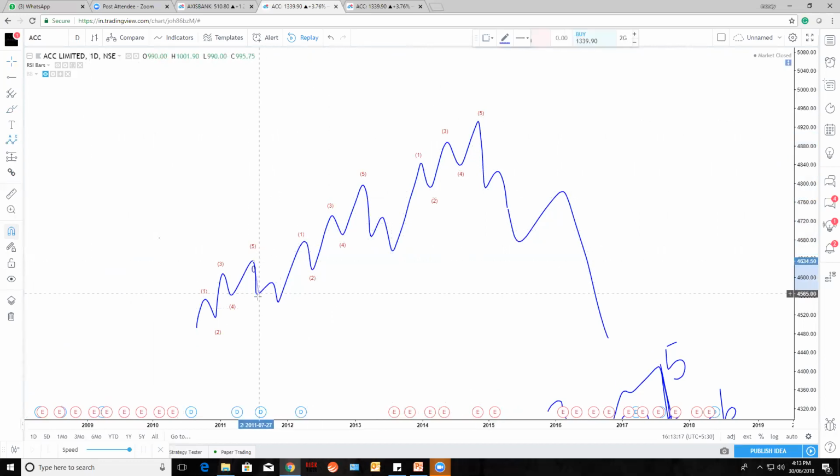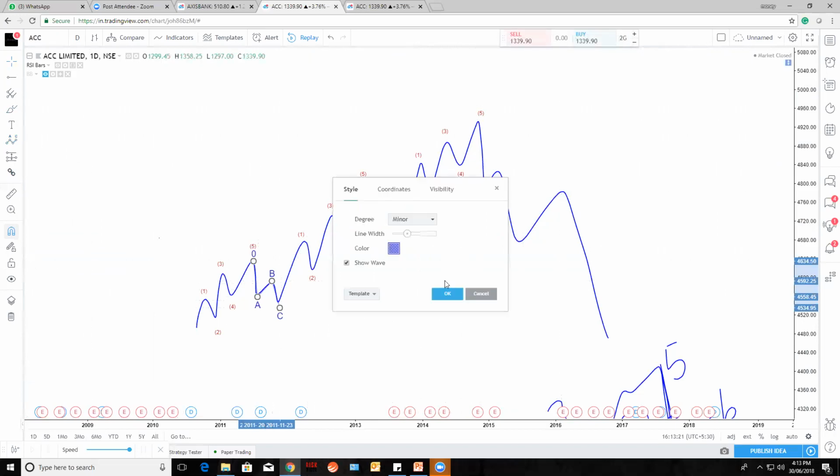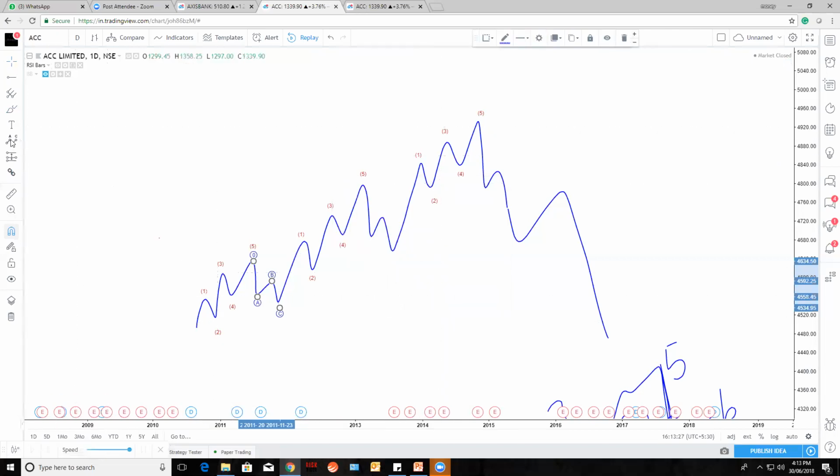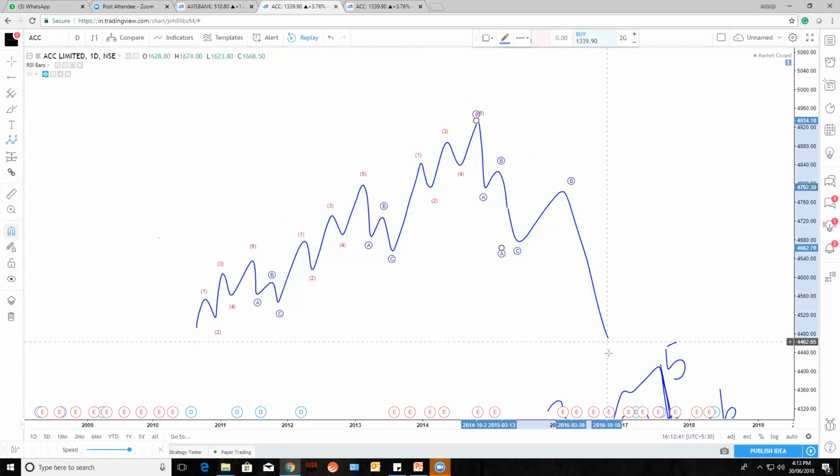Let's mark this correction as A, B, and C. Further, this has A, B, and C. It's a smaller one. And for the bigger correction, this is A, B, and C.